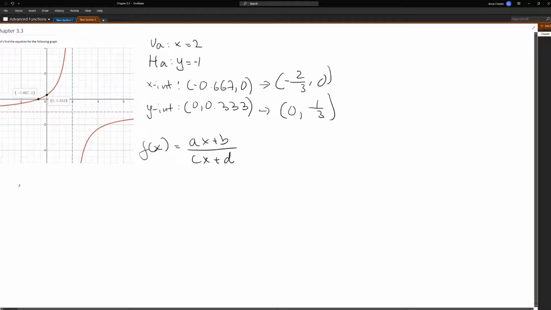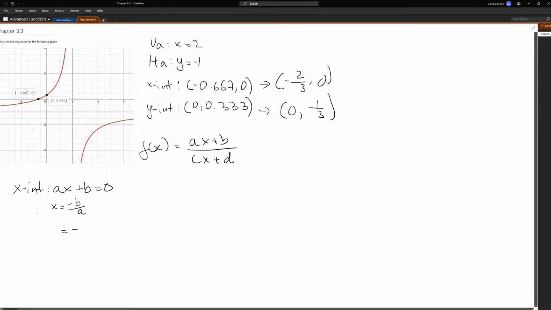So for example, let's analyze the x-intercept, right? What we know is the x-intercept is found by making the numerator equal to 0. And we also know that the equation for it is -b over a. Now, since we actually know what x equals, it should be -2/3.